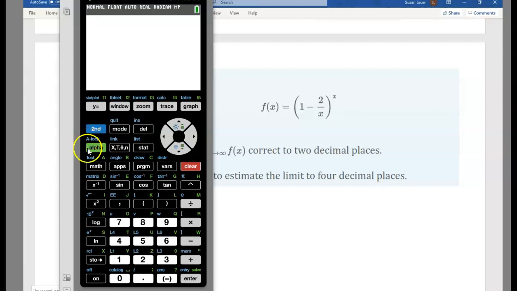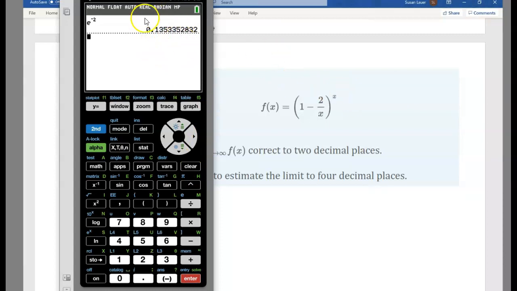So if I quit out of this, I believe this is the function that defines, as x goes to infinity, the number e. So e is a limit, like pi is a limit. You may not have seen the limit of pi before, but e is the limit. If this had a 1 here, plus 1, then it would be e. So if I do second e to the negative 2, I get 0.1353352832.